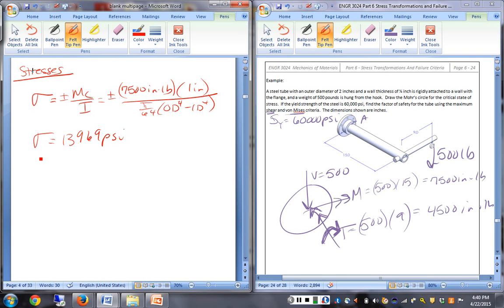All right, what else we got going on? We got a torque. So from torque, what kind of stress? Normal or shear?